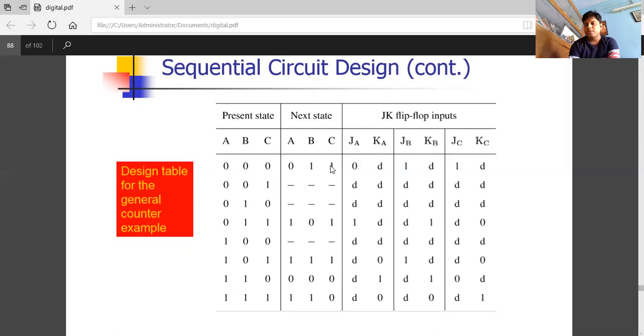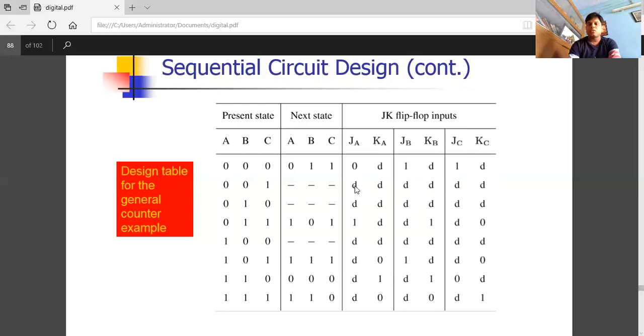What is the excitation table for JA KA? For A going from 0 to 0, it is 0 and don't care. If B goes from 0 to 1, the excitation is 1 and don't care. When C goes from 0 to 1, again 1 and don't care in the JK flip-flop. Present state 1 is not mentioned in the twisted counter because it is not counted, so the next state is dashes, and in this case all the JK excitations are don't care.